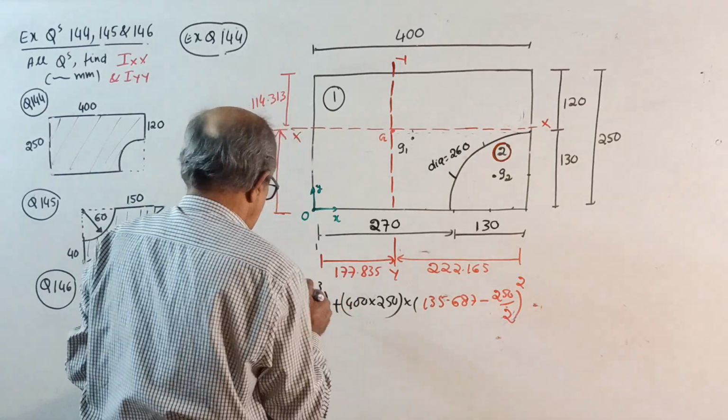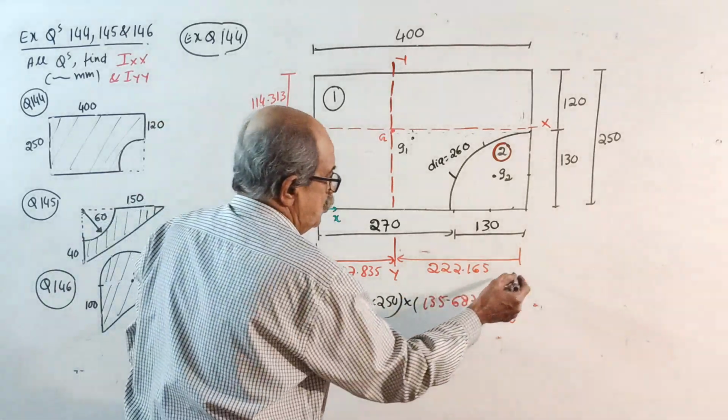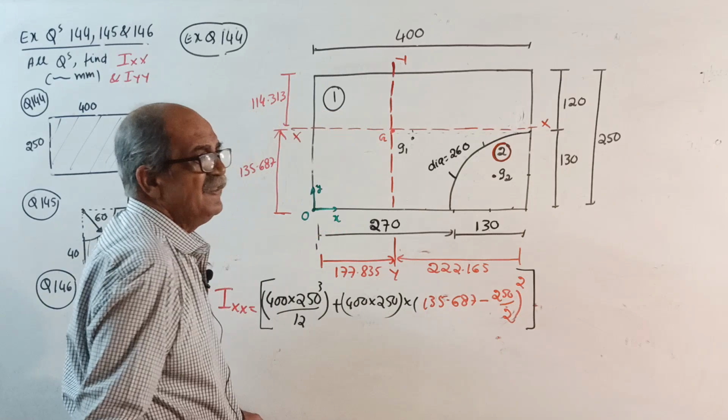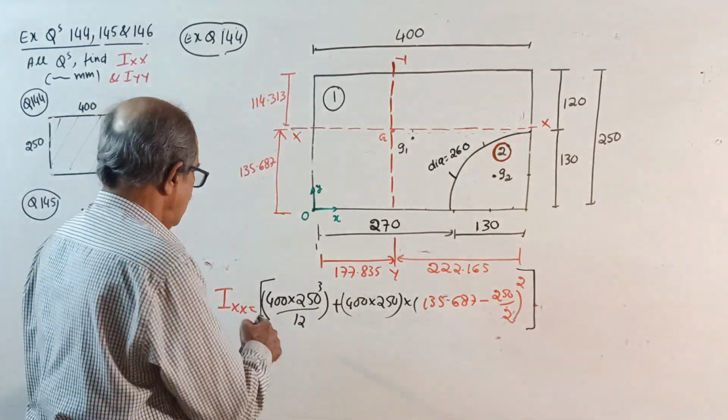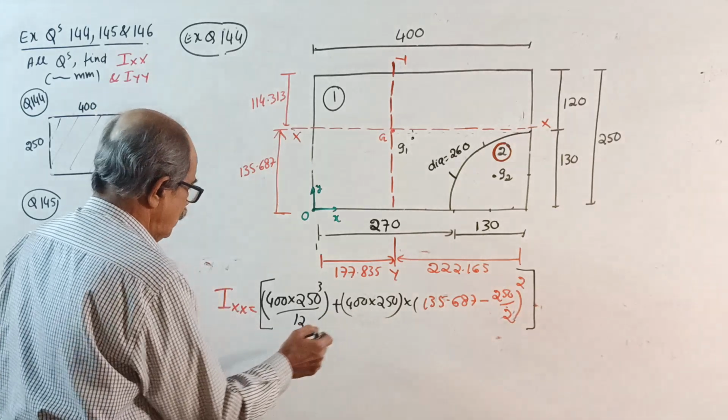This is Ixx for 1. You should know it. When only 2 are there, I won't write the suffix all the time. This is Ixx for 1, you can make a note then.